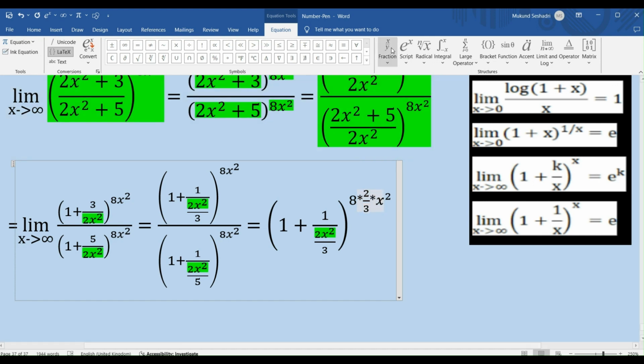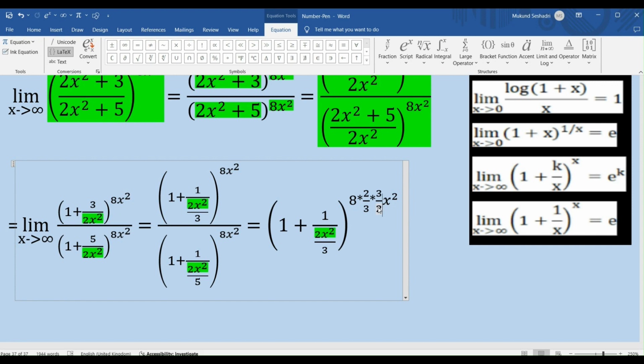That does not change the 8x² exponential component. All that I've done is multiply by 2 by 3 and multiply by 3 by 2.